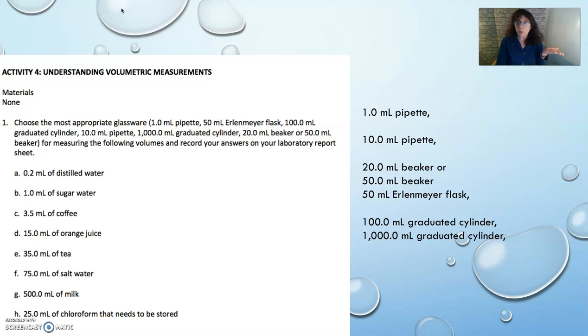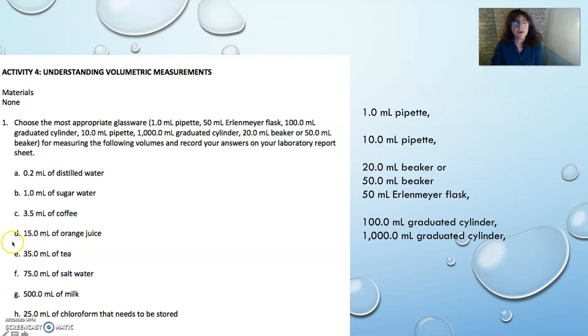So think about what you're measuring, what your rough quantity is, and then choose a piece of glassware that is at least above that amount. And that's the point of this lab post right here.